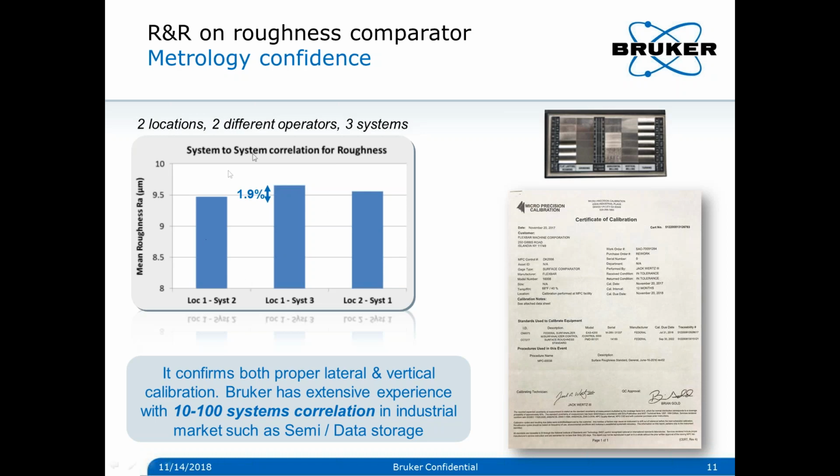What you see here is an example of R&R on the roughness comparators, where we measure the same locations with different systems and different operators. We really exhibit the variability due to the use, and get a dispersion below 2%, which is extremely good for tool-to-tool matching on roughness measurements.